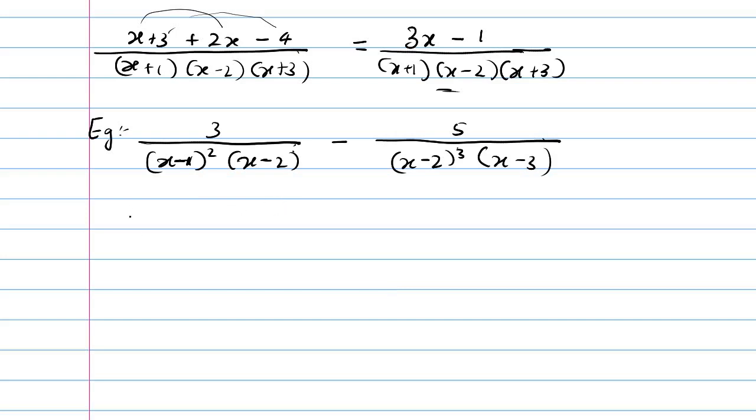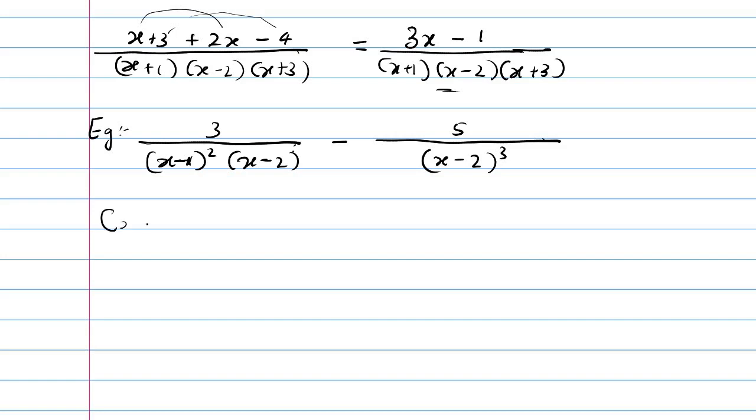I'll just drop this term here because I don't want this to be too complicated. So let's just have x minus 2 to the 3, right? This is just an example.